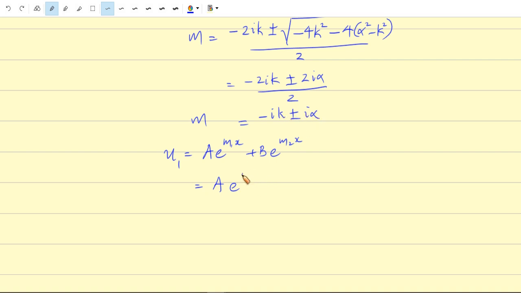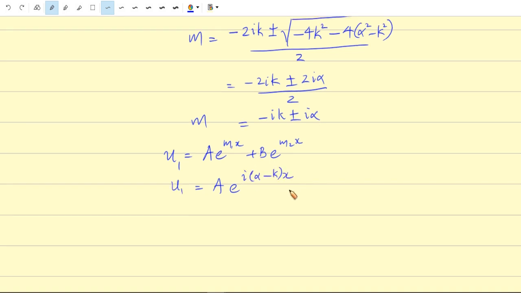So we can write i alpha minus k x plus b e raised to minus i alpha plus k x. So this is the solution of the equation in region 1, equation number 7.